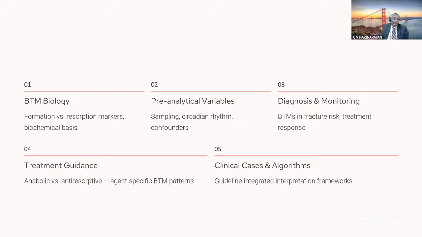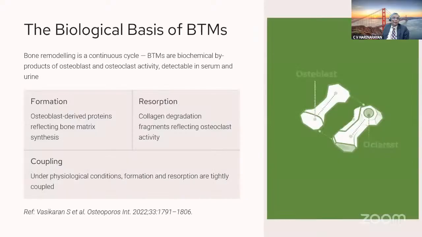So when we are talking about bone turnover, there is a formation marker and a resorption marker. The formation marker is derived from the osteoblasts, reflecting bone synthesis. And when bone is resorbed, there is collagen degradation; these markers reflect the osteoclastic activity.